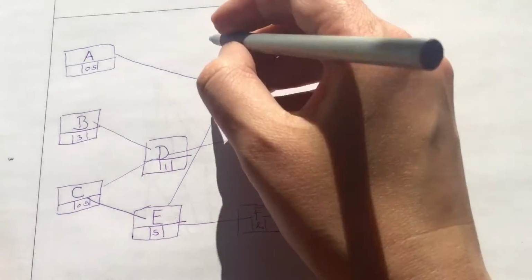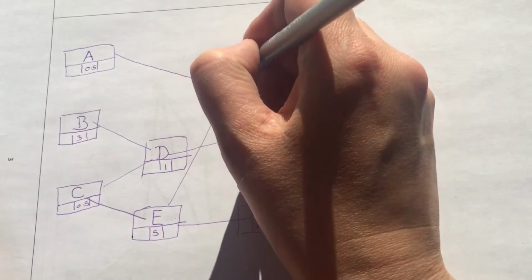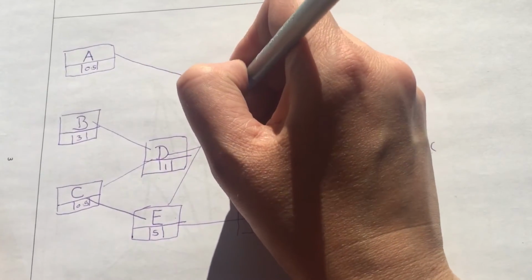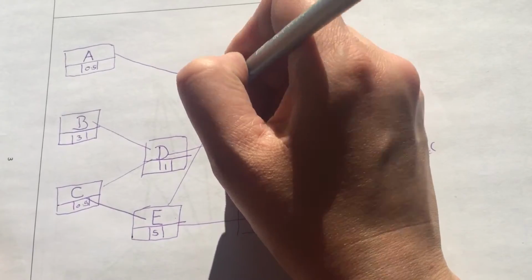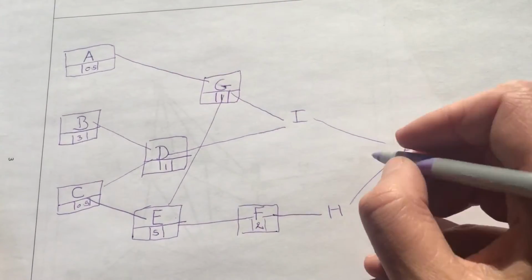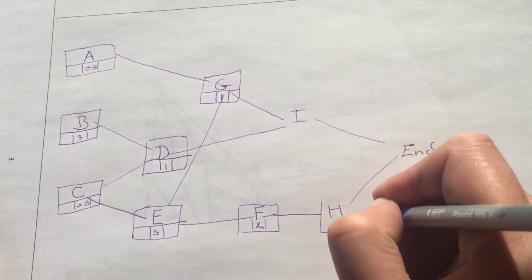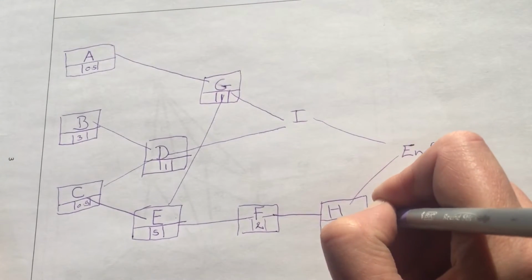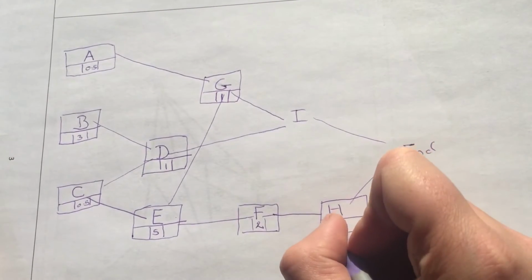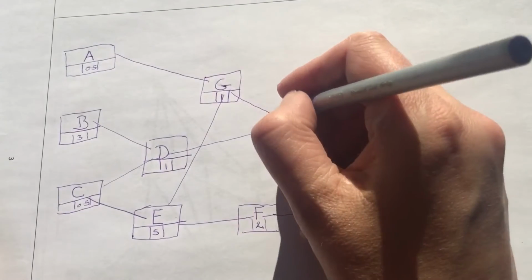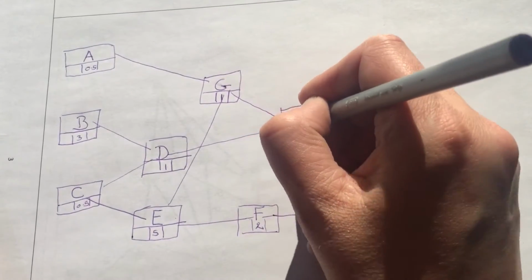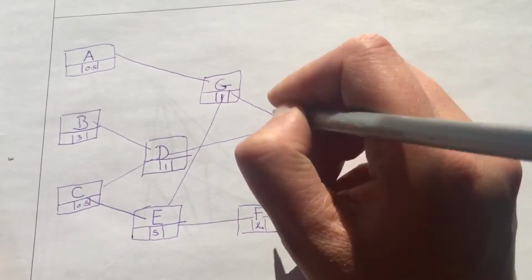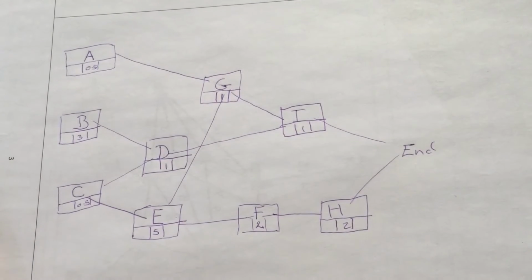Then G has a duration of 1 and H is at 2 and I is at 1. We're now in a position that we can actually start filling this in.